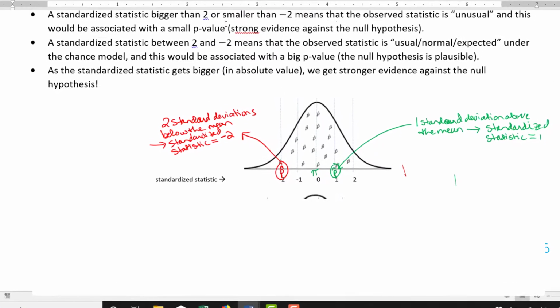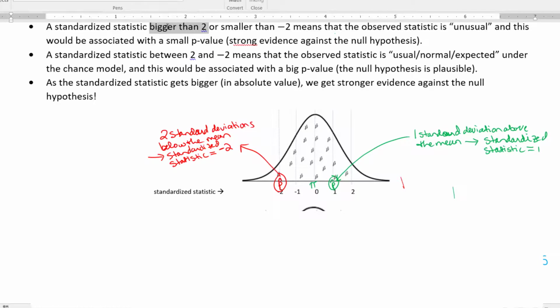Please note, a standardized statistic bigger than 2 or smaller than -2 means, think about where that would be. It means your statistic is out here in the right tail, or it means it's down here in the left tail. It means that your statistic was unusual. It means it would have had a low p-value.